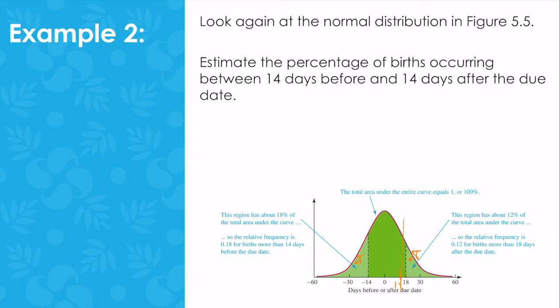So if I want to know what occurs in the middle here, I'm going to take 1 minus 0.18 minus 0.18, which would give us 0.64. So 64%. I think I did that right. 18 and 18 is 36. 1 minus 0.36 is 0.64, so 64%. Cool.